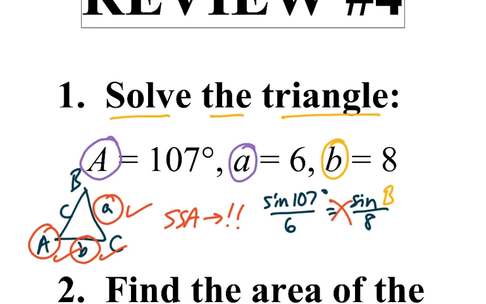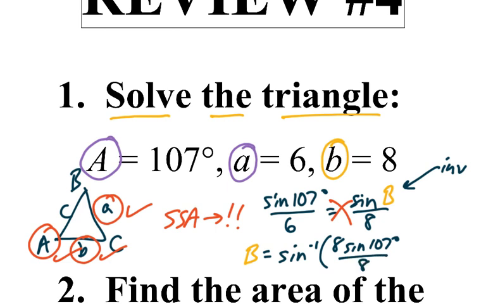As before, we cross, diagonally multiply, and because we're solving for the angle, we're going to use the inverse. So if it's okay with you, I'm going to jump right to the next step and say that angle B equals the sine inverse of 8 sine 107 degrees divided by... Nope, I lied. Divide by 6, Mr. Brown.